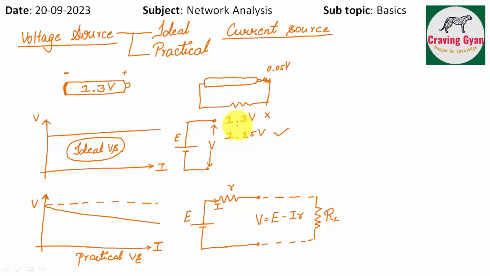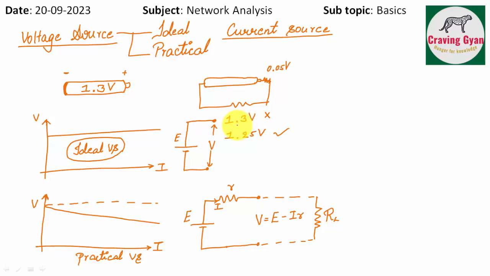But if you attend the problems in UGC NET, all the questions are under the ideal scenario only, whereas in GATE questions, minimum 30 to 40% of the questions will be ideal, and the rest will be under the practical scenario only. Now here I discuss a voltage source.